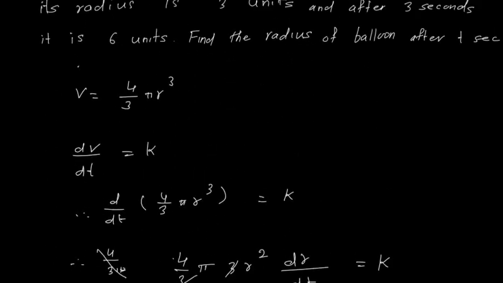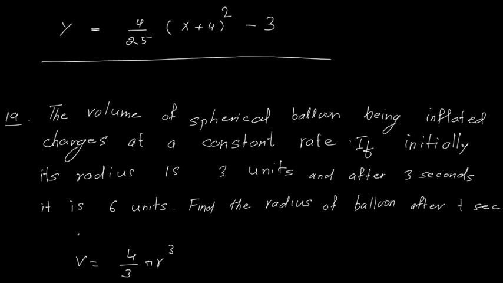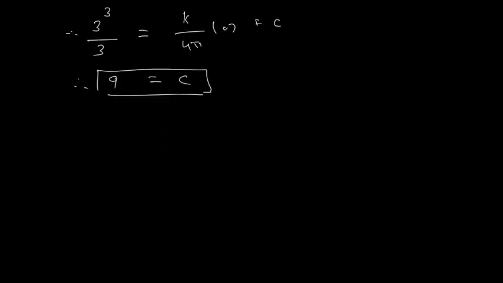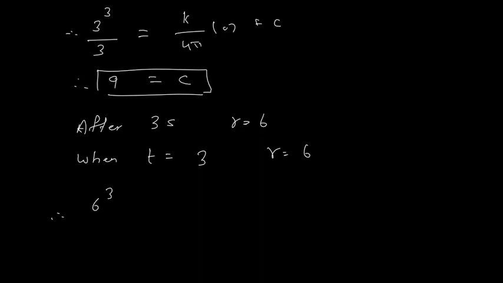Now after 3 seconds, what next? After 3 seconds it is 6. So when t is 3, r is 6. Therefore we have 6 cube divided by 3 is equal to k divided by 4 pi into 3 cube plus c.